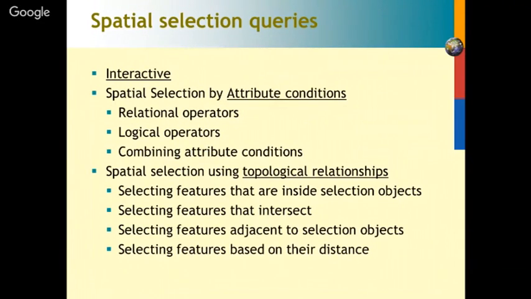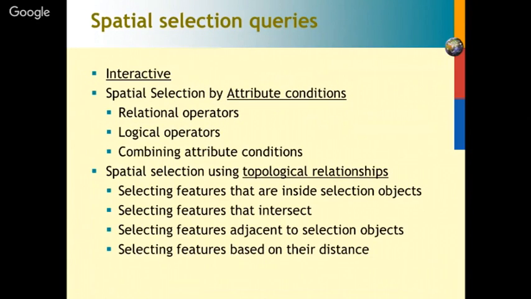Coming back to the spatial selection queries, these are also called interactive queries. In this case, the user gives the input, and based on those inputs, the different operations get triggered, and correspondingly the output gets generated.